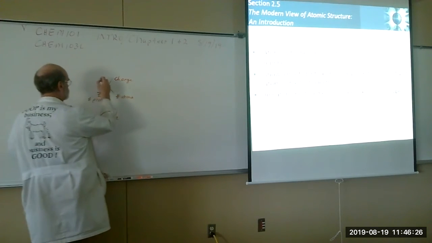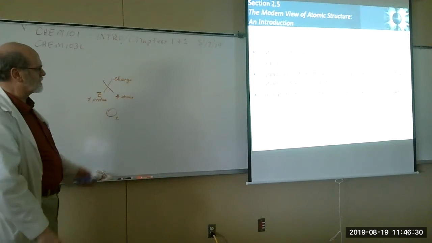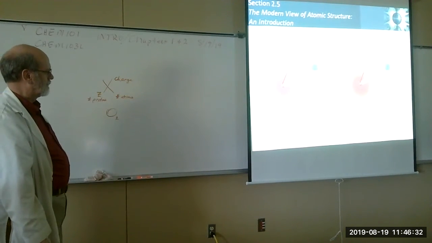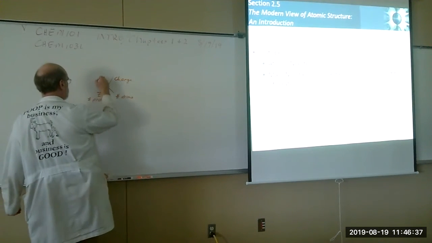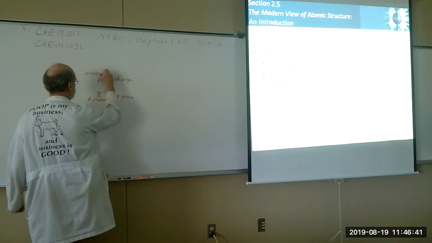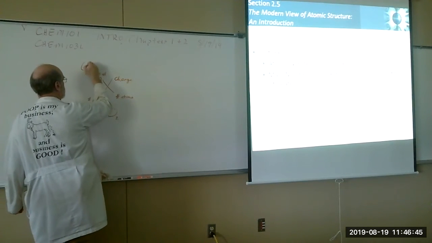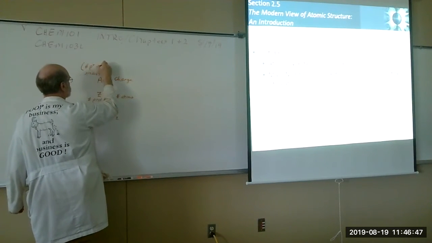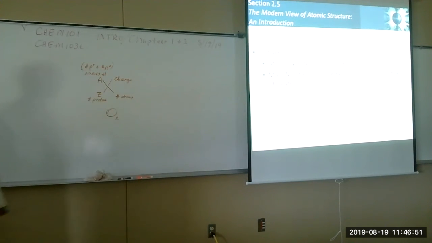And this is A. That's the mass number. Now the mass number is simply the number of protons plus the number of neutrons. That's it, the mass number.